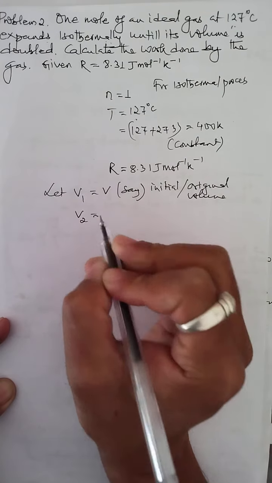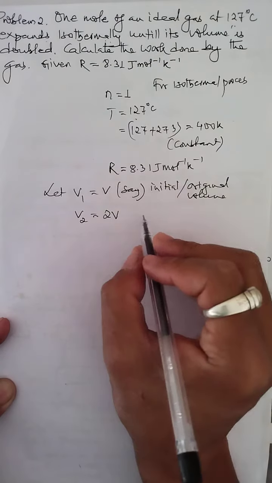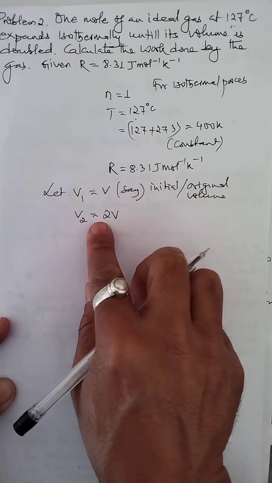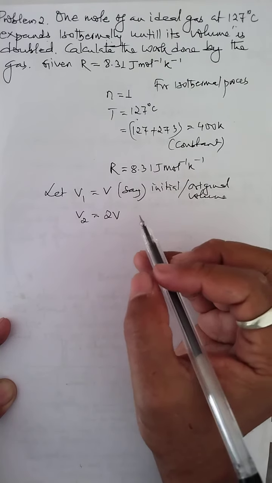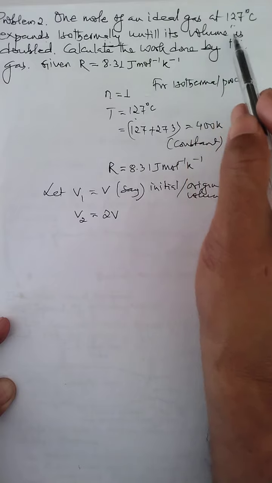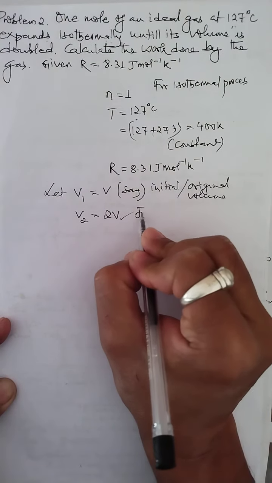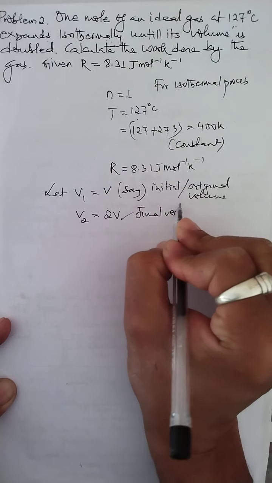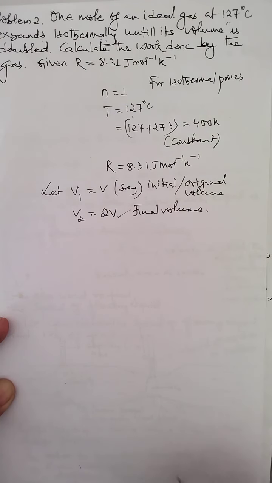Then V2 will be the final volume, which is double of V. That means the final volume V2 is double the original volume, because the question only says that you need to expand the gas isothermally until the volume is doubled.